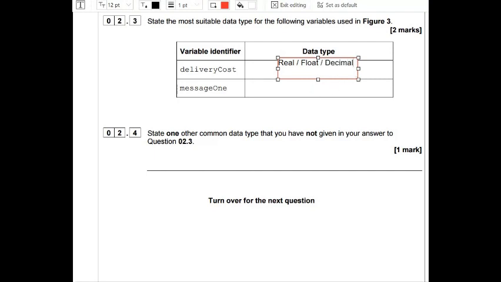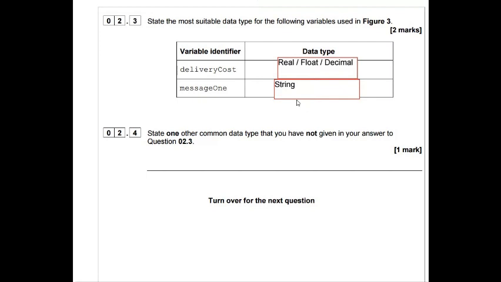Doesn't matter which one. In message 1, which is the variable identifier, it would be a string, or you could just have str. But in the case of C#, it's just going to be a string. If it was str, it would be Python. But never mind that.